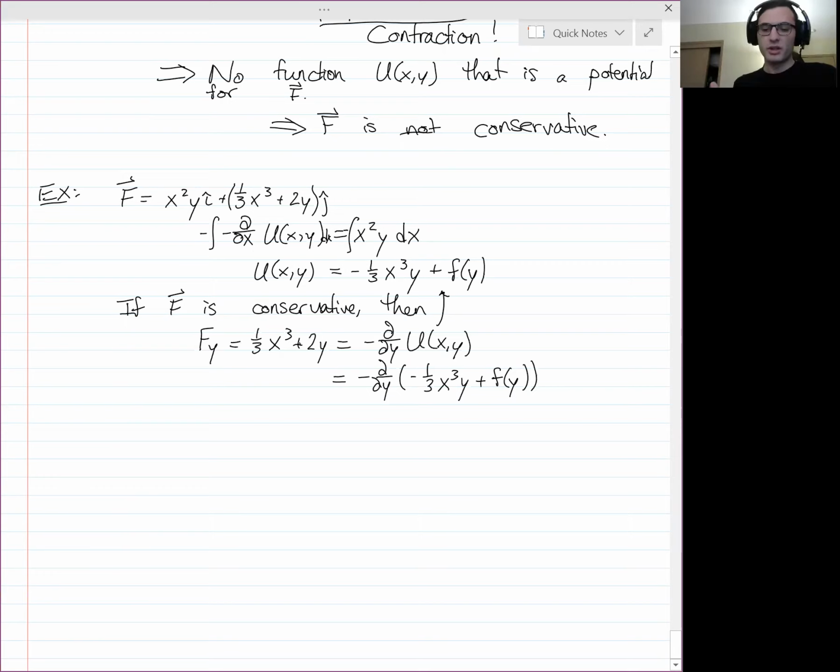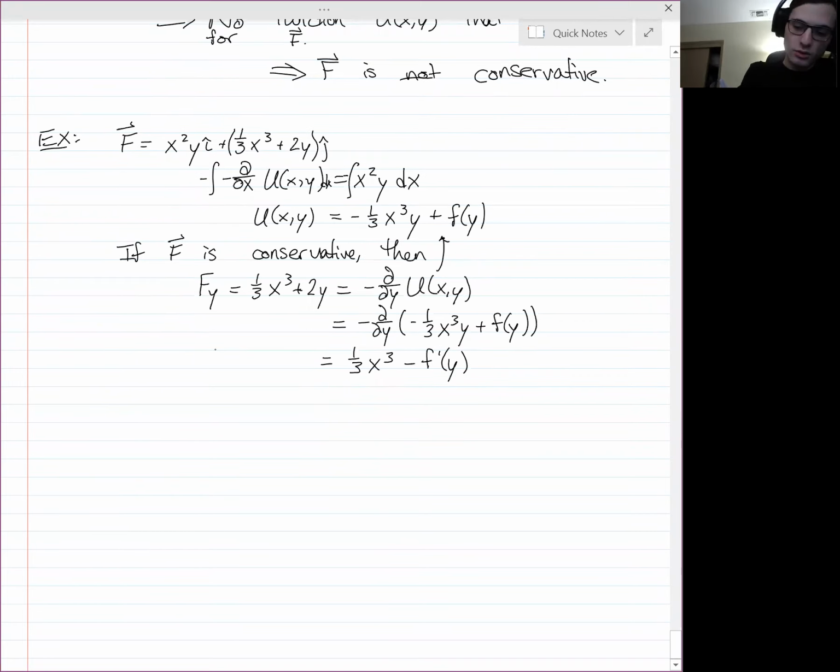That means that it has to be the case, well, we know how to take a derivative. This is 1/3 x cubed plus f, or I suppose minus, because there's a minus in there, minus f prime of y. And that has to equal 1/3 x cubed plus 2y. Okay, so is this possible?